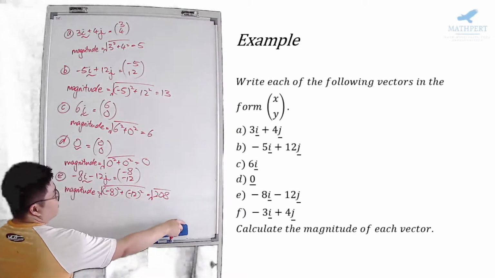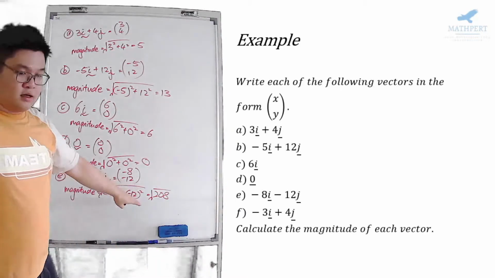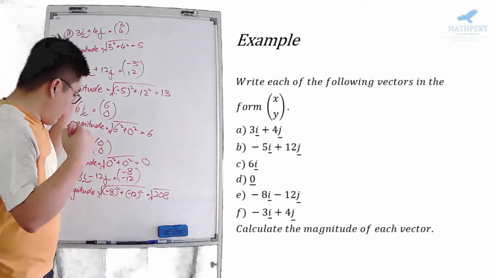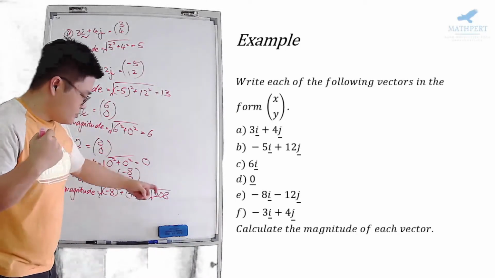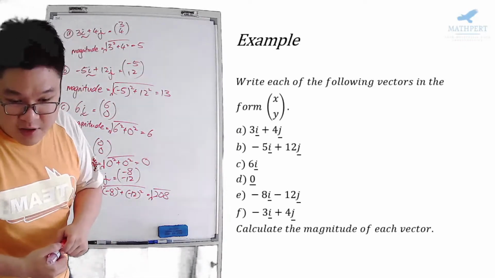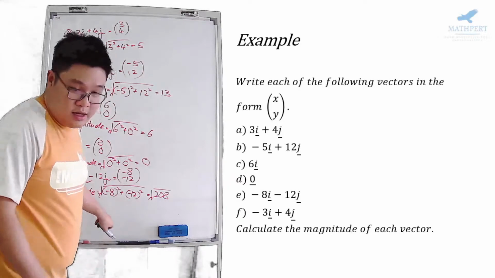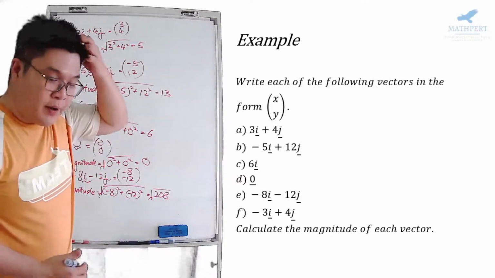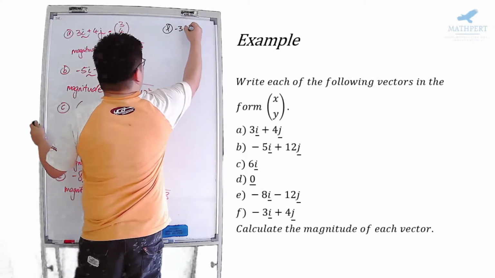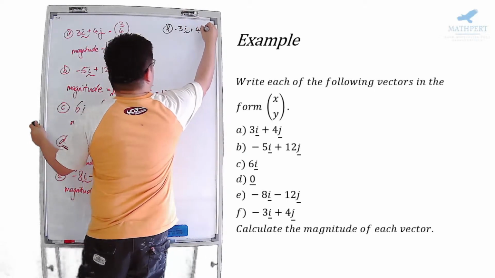Square root 208. Alright? So you can leave it here, or you can just press your calculator and give it in a decimal. Alright? F. Negative 3i plus 4j.